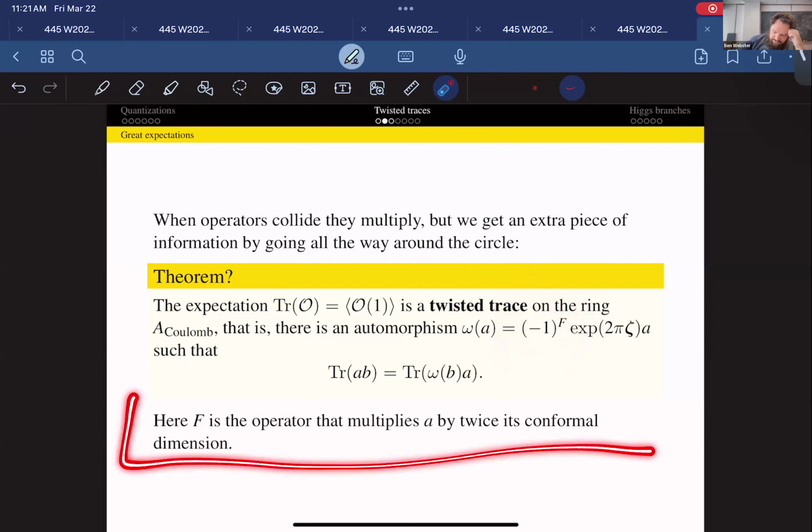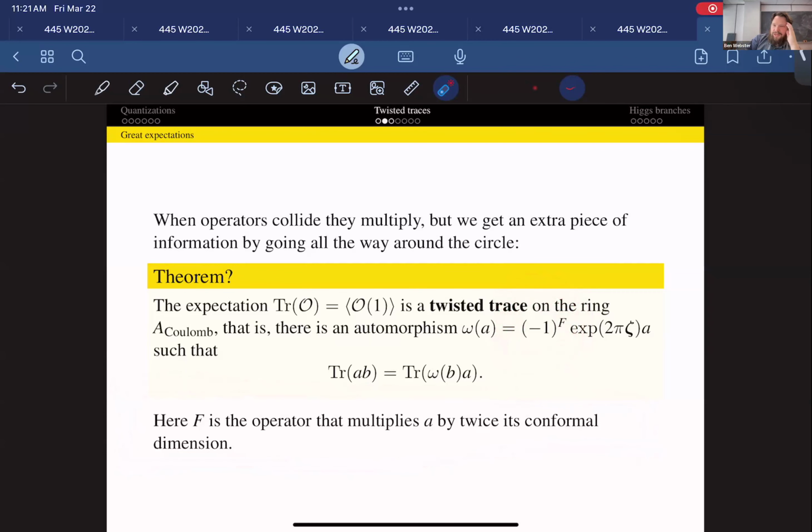This Fi multiplies A times twice its conformal dimension. So this is picking up whether, in the SU2 that acts on the Coulomb branch, you are in a representation of SU2 with half integer highest weight or integer highest weight? I don't think it's actually right to call these bosons and fermions, but it's the same representation theory of SU2.